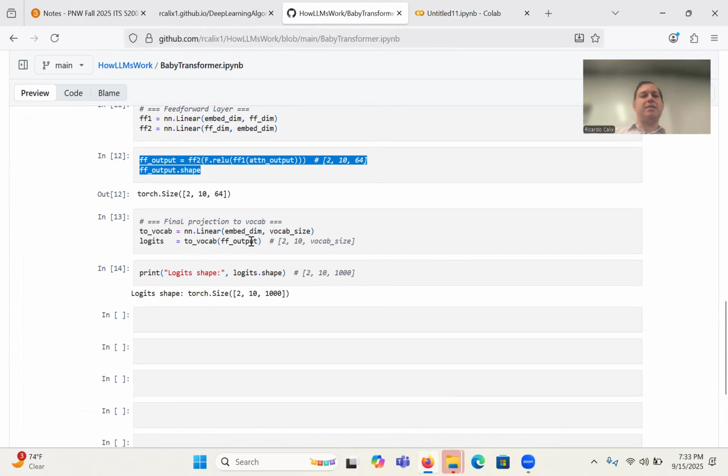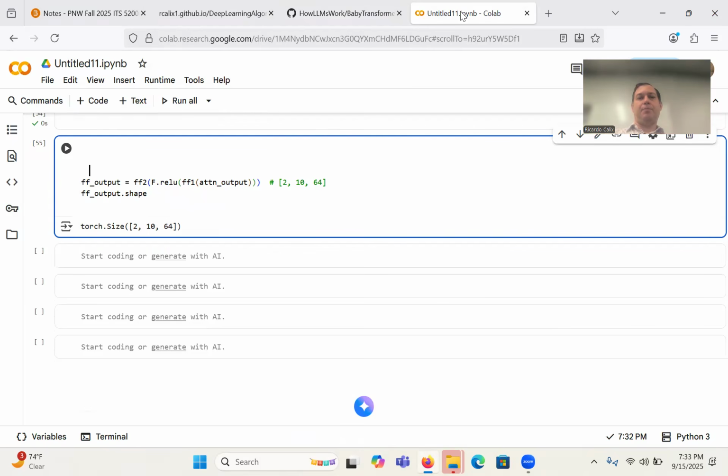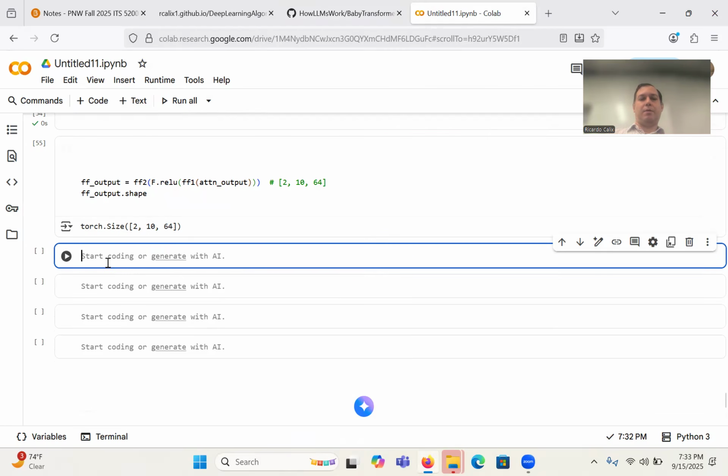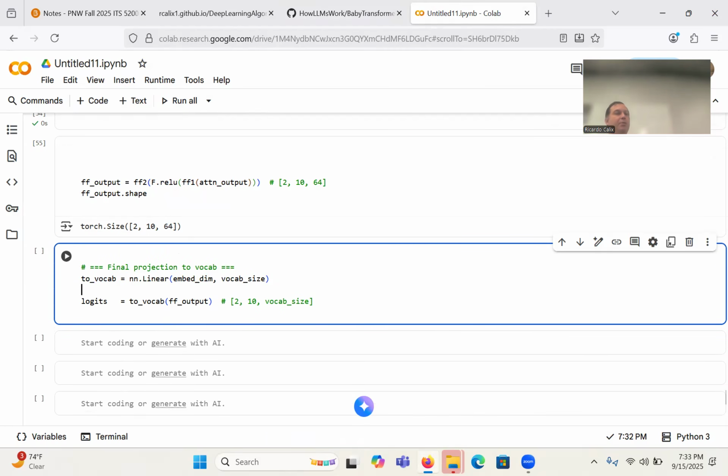So we need to do one last projection. This projection is similar to when in Iris we did 4 to 6 and then finally 6 to 3, where the 3 mattered because it was the 3 classes of Setosa, Virginica, and Versicolor.